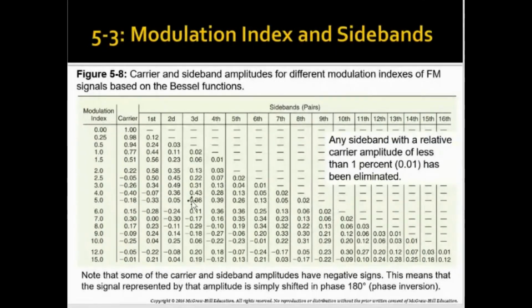So we also have amplitudes which suddenly change. For example, look here, for a modulation index of 5, your first sideband is negative, the second sideband is 0.05, then the third sideband is 0.36, an increase, the fourth sideband is 0.39, so then again it is reducing.